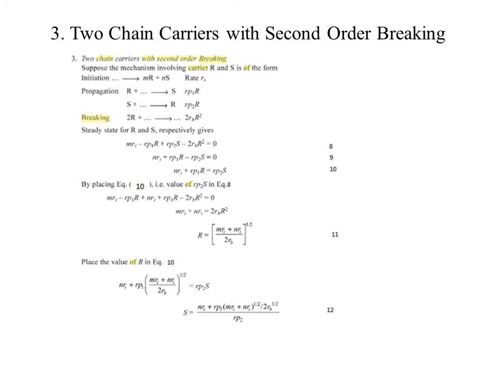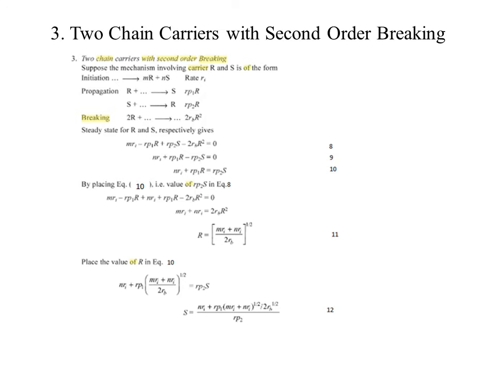By placing the value of Rp2S from equation 10 in equation 8, we will get MRi minus Rp1R plus MRi plus Rp1R minus 2Rb R square equal to 0.